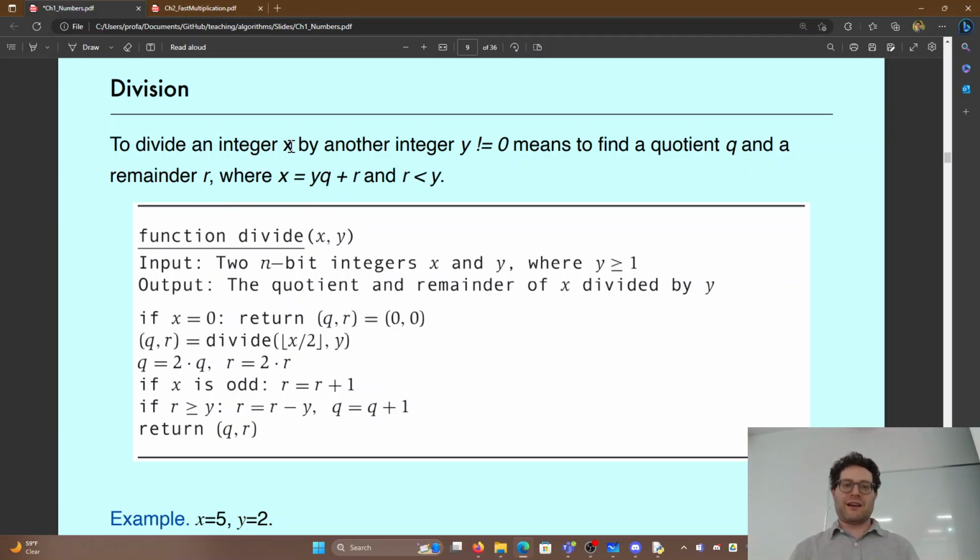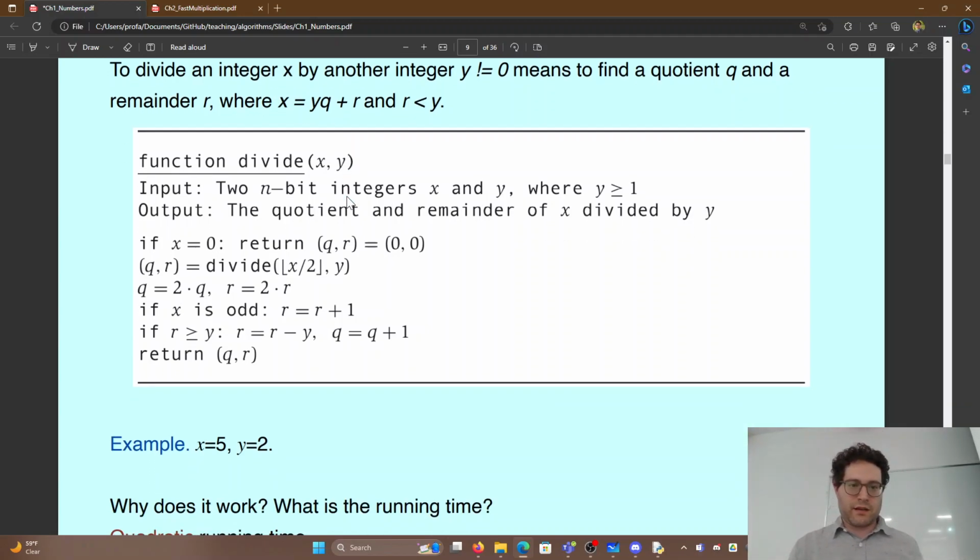To divide an integer x by something that's non-zero, we figure out a quotient and a remainder where we have some multiple y multiplied by the quotient, and we add a remainder, and that's going to be equal to our original number. Okay.